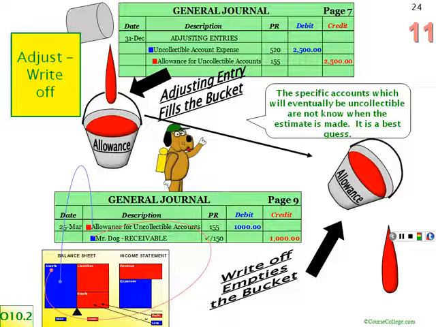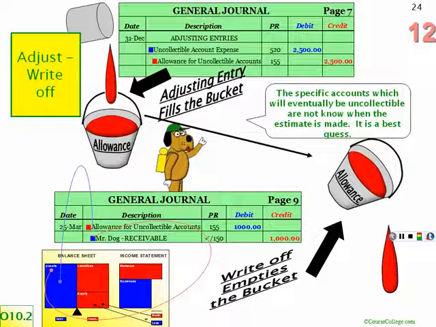It's a way of assuming losses that are going to happen in the future and getting them into the accounts right now. When you do the write-off, when the dog tells you, I'm not going to pay you, bye, you have to get rid of some of your allowance. And that's why that debit entry there of $1,000 is causing the allowance to be used up, to spill it out a little bit. So those are the dynamics. That's the design of the allowance method.